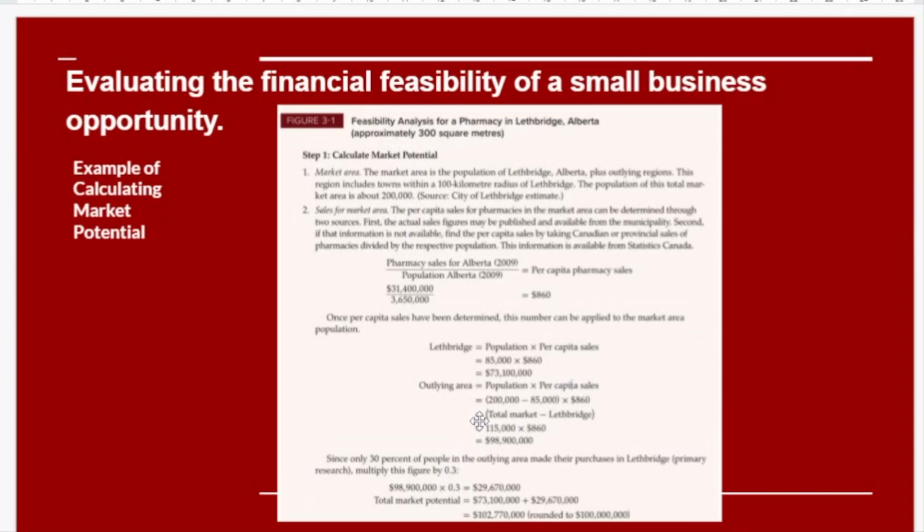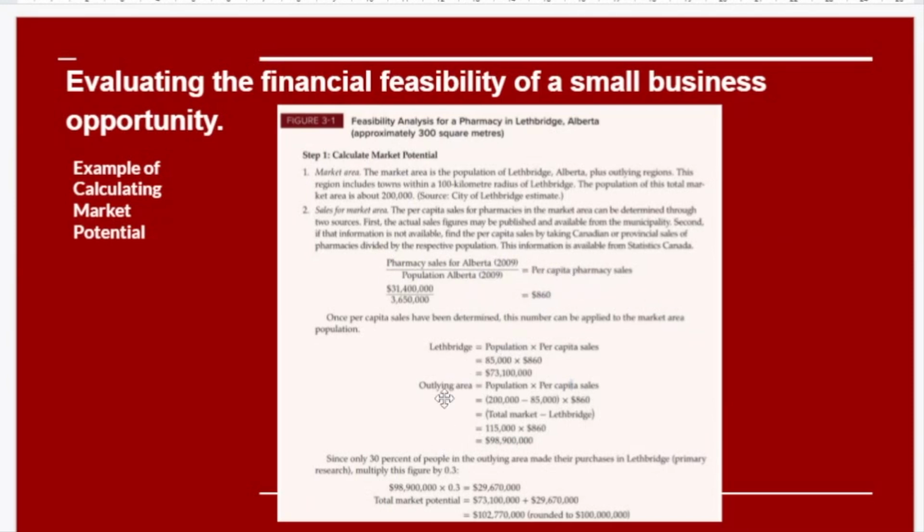So they've taken the pharmacy sales in Alberta. They got this piece of data out of Statistics Canada: the total pharmacy sales in Alberta and the population of Alberta, in order to calculate how much, on average, per capita, people buy in drugs every year. So they're saying $860 per person.